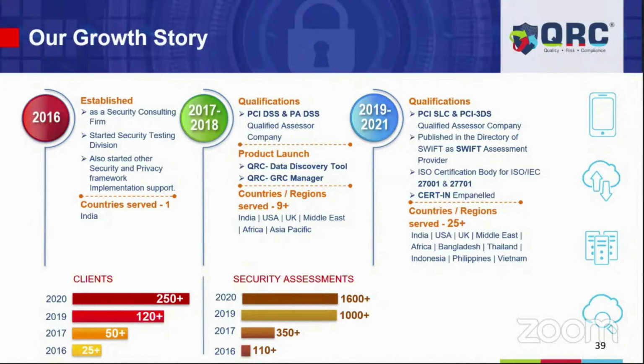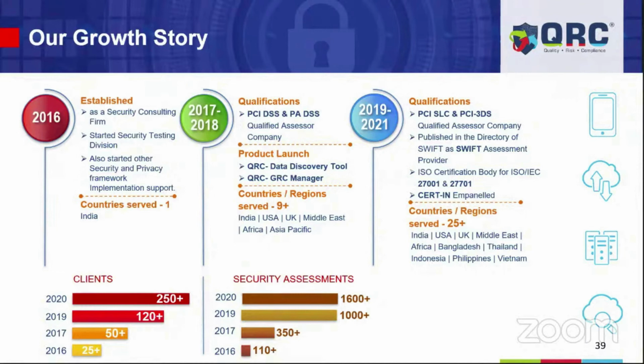By 2018, we were already serving more than 9 countries and regions, including India, USA, UK, Middle East, Africa, and Asia Pacific. Come 2019, we already had PCI SLC and PCI 3DS, and we were also published in the directory of SWIFT as SWIFT Assessment Provider. We also have an ISO certification body for ISO/IEC.